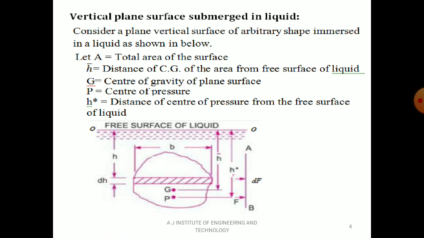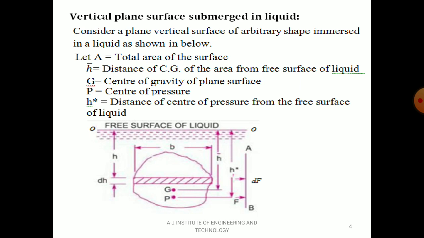That is vertical. As shown in the figure below, let A equal the total area of the surface, h bar equal the distance of the center of gravity of the area from the free surface of the liquid. You know what is center of gravity. So h bar is the distance of the center of gravity, that is G, from the free surface of the liquid.